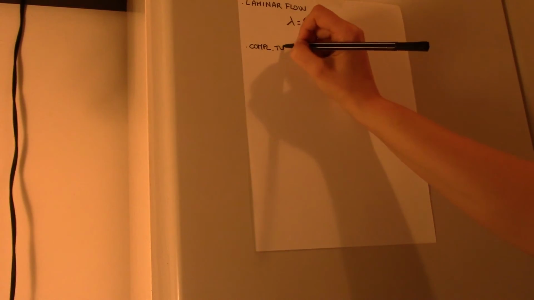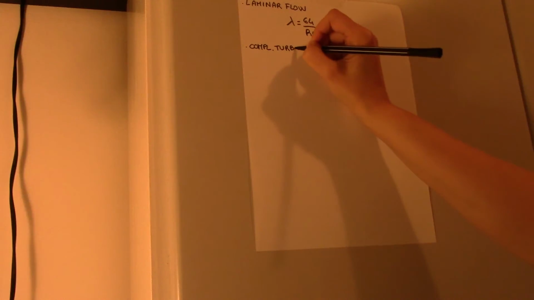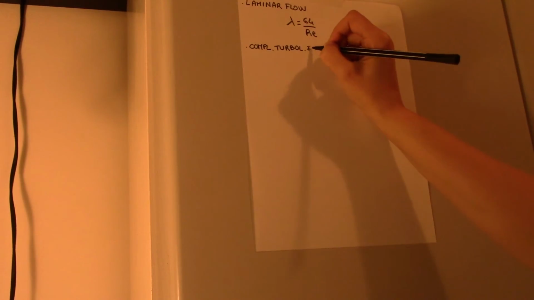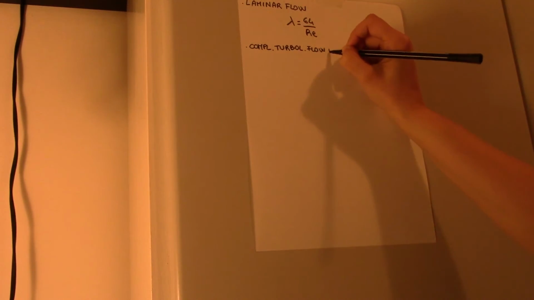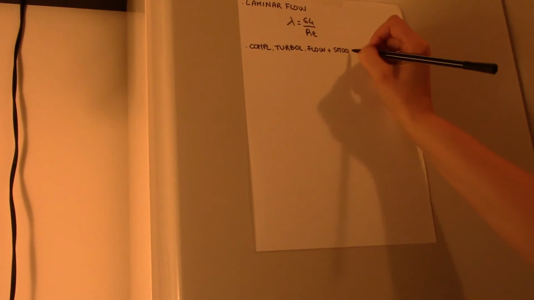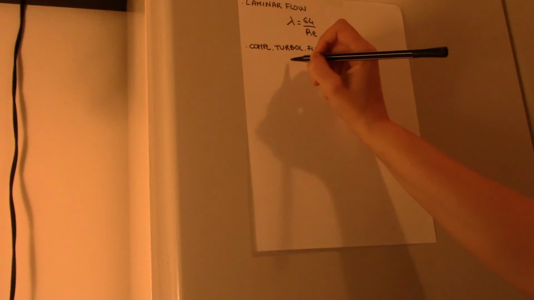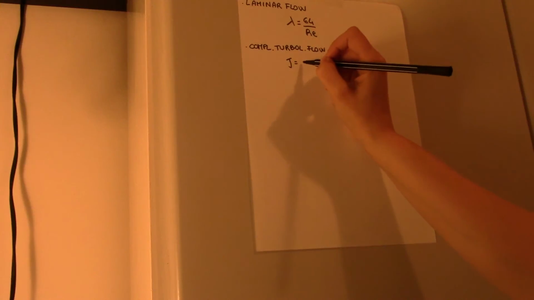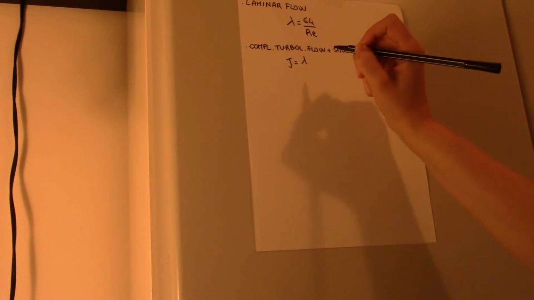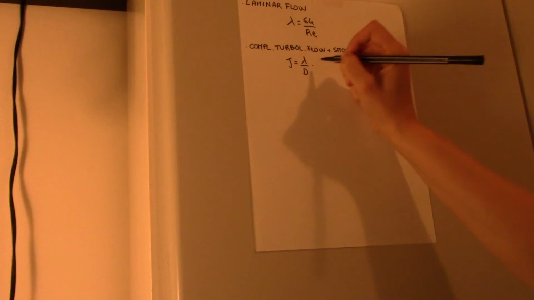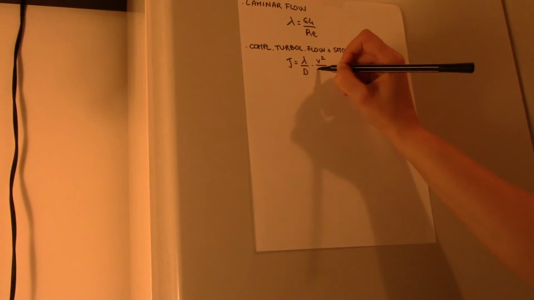Then, the second case that we observed was the completely turbulent flow in smooth pipes, that helped us to get Darcy-Weisbach. So it was that J is equal to lambda over D times rho v to the power of 2 over 2g.